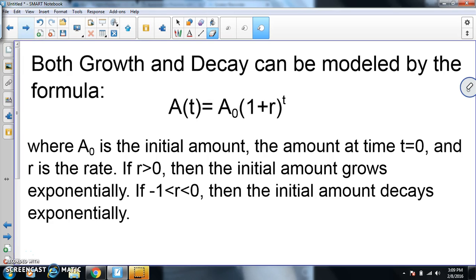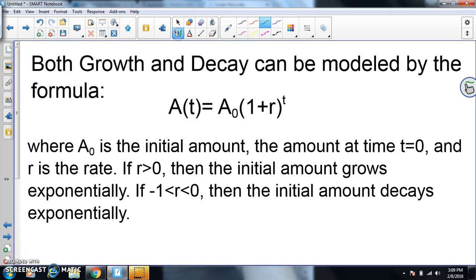So first, both growth and decay can be modeled by the following formula. A of t is equal to the initial amount times 1 plus r, which is rate, raised to the power t, which is time. Where A sub 0 is the initial amount, which is the amount at the time t equals 0, and r is the rate.